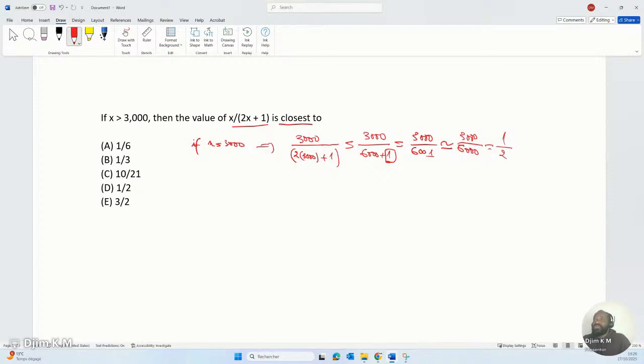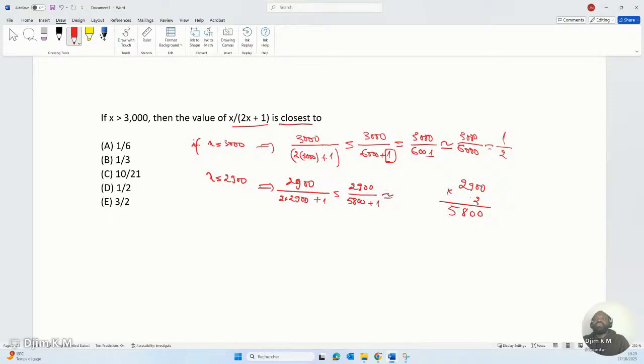And I think it's also going to be the same thing if we suppose that x is equal to 2,900, for example. 2 times 2,900 is 5,800, plus 1.